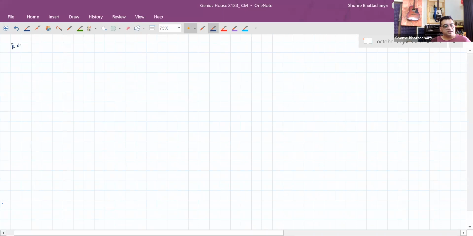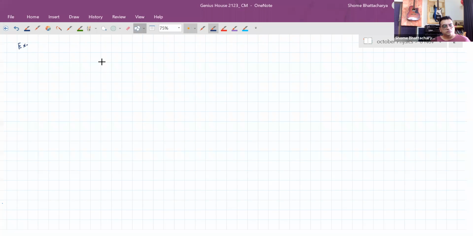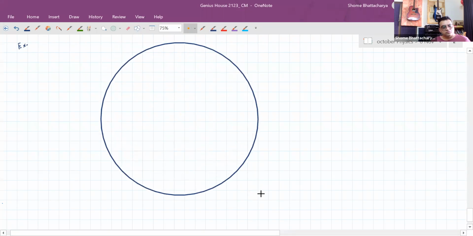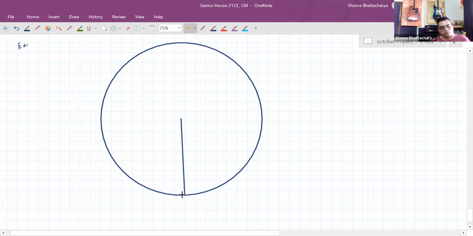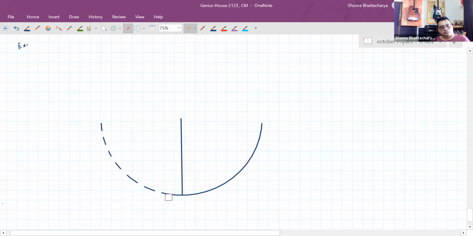So this is an even more standard kind of situation. So we have a particle tied with a string.